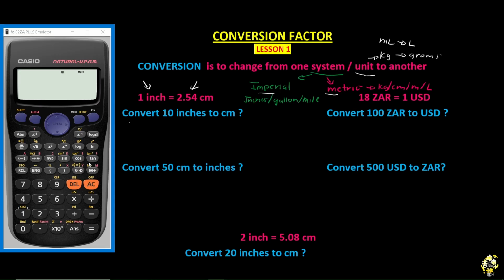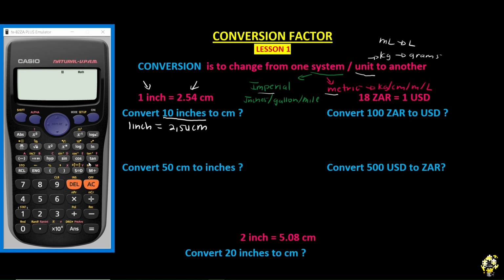So I'm going to say 1 inch is equal to 2.54 centimeters. Having rewritten the conversion factor, the second thing I want to do is go to my question and ask myself, what am I being asked to convert? According to this question, they want me to convert 10 inches.